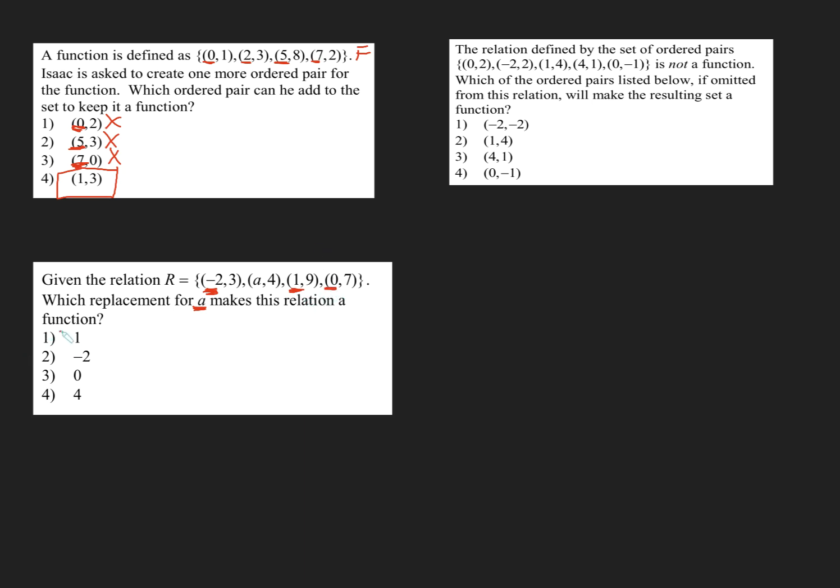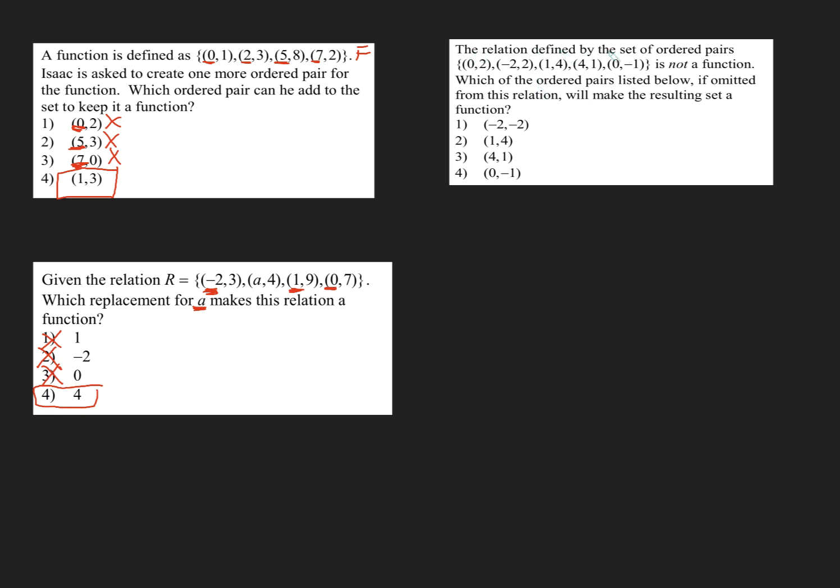Okay, which means this one is out of the answer. We can't use -2, so that's out. We can't use 0, that is out. The only number here that is different from -2, 1, and 0 is 4. So that's our answer.